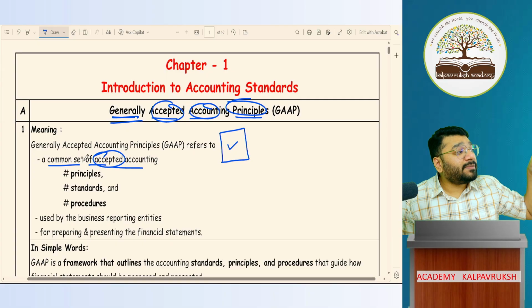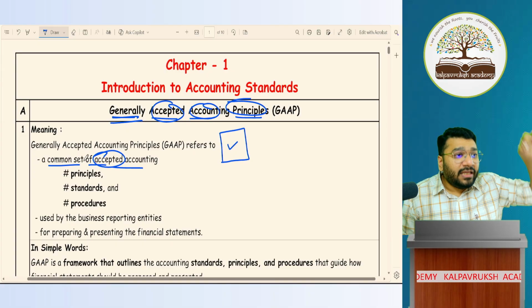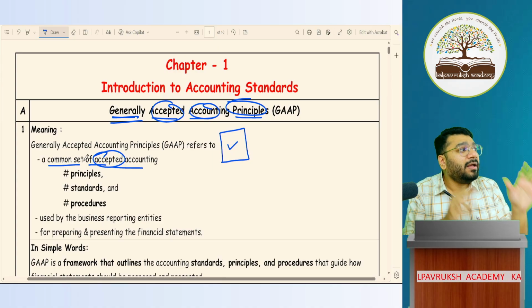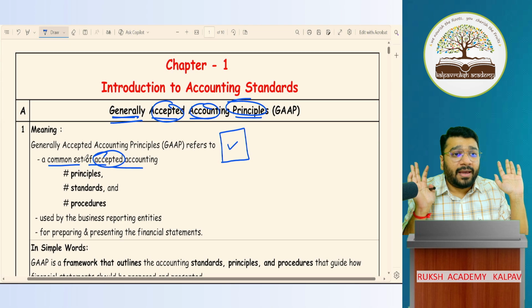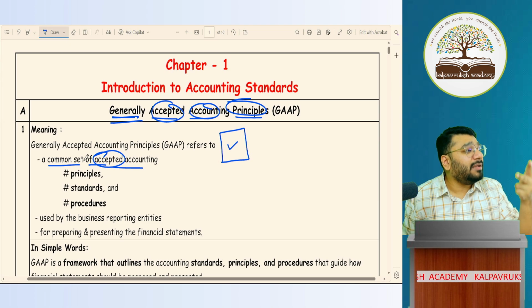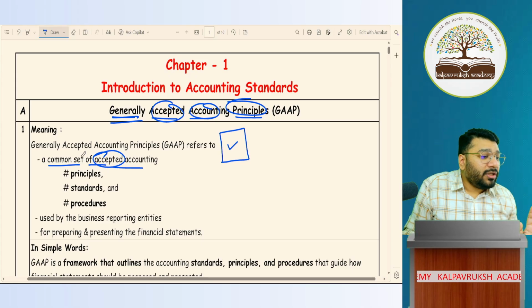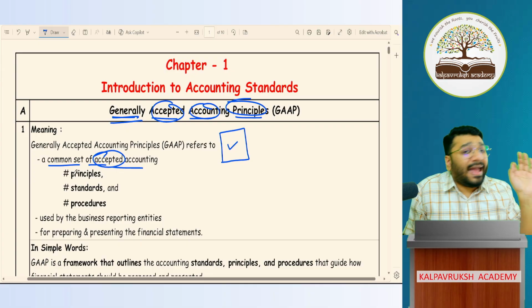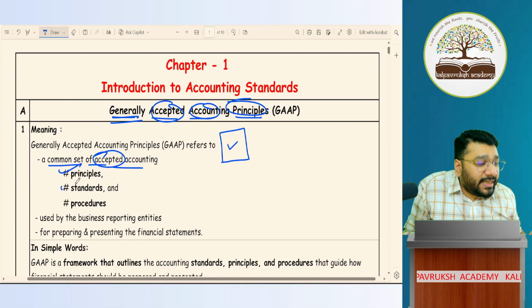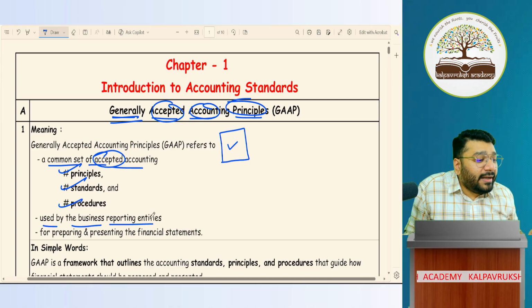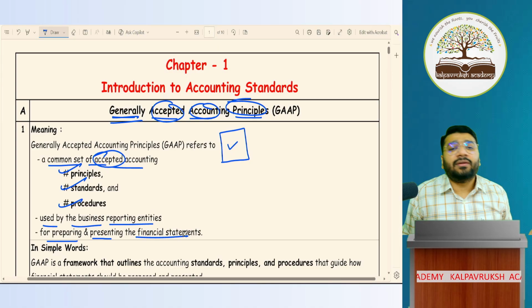The accounting experts worldwide have said that if any accounting standard has got these essential features and characteristics, then the financial statement that you prepare is comparable, relevant, understandable, transparent, etcetera. So GAAP is nothing but a set of accepted accounting principles, or standards or procedures, which is used by the business reporting entities for preparing and presenting the financial statement.